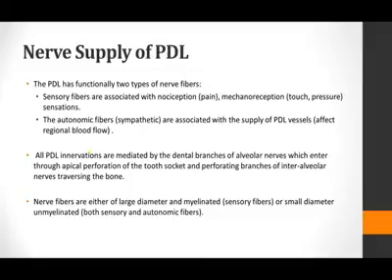All the innervations of the PDL, basically all the nerves of the PDL, are mediated by the dental branches of the alveolar nerves, which enter the periodontal ligament through the apical perforations of the tooth socket, and they are joined by the perforating branches of the interalveolar nerves that cross the bone and enter into the periodontal ligament.